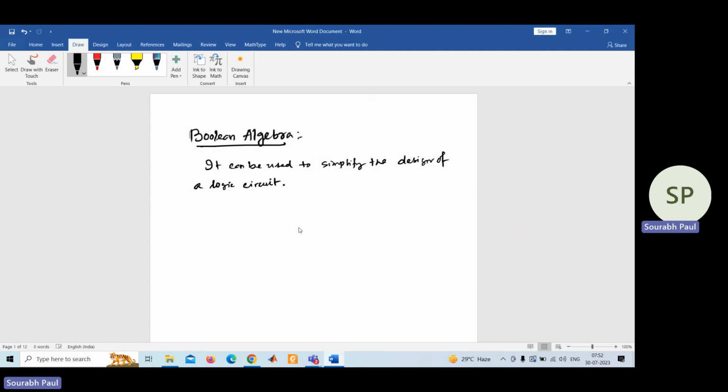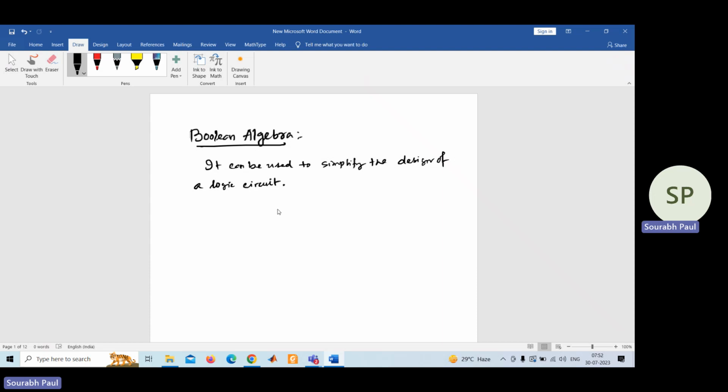So suppose we are given a large expression. Now, if we have to implement that by using some sort of logic gates, then it needs more gates. And whenever we are designing something, we try to use as few gates as possible. So Boolean algebra helps us do the minimization of the expression.